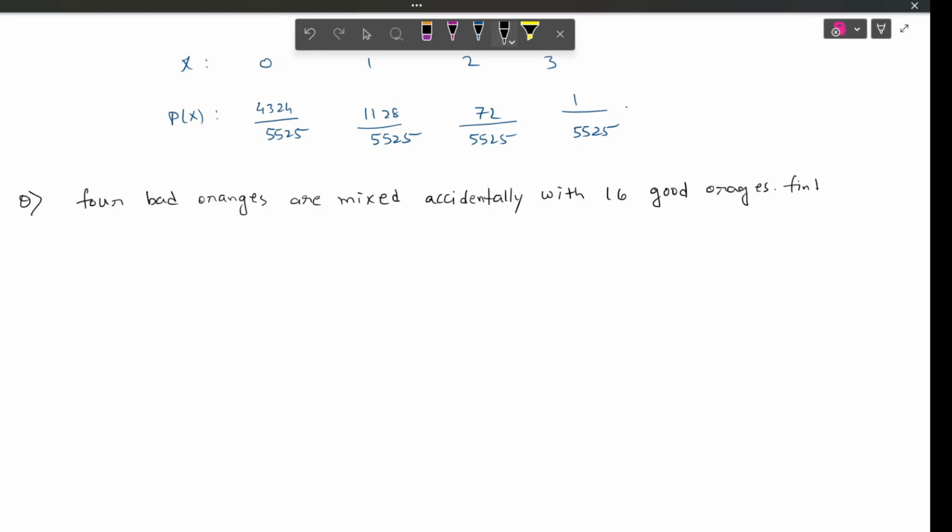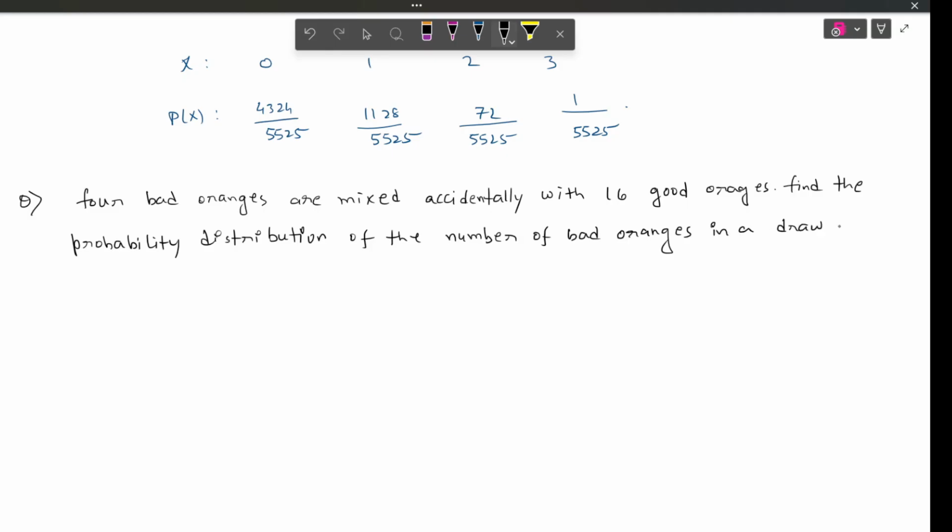Find the probability distribution of the number of bad oranges in a draw of 2 oranges.